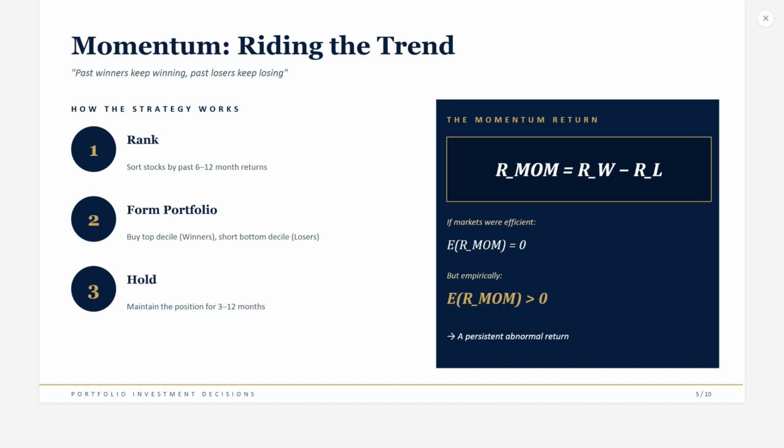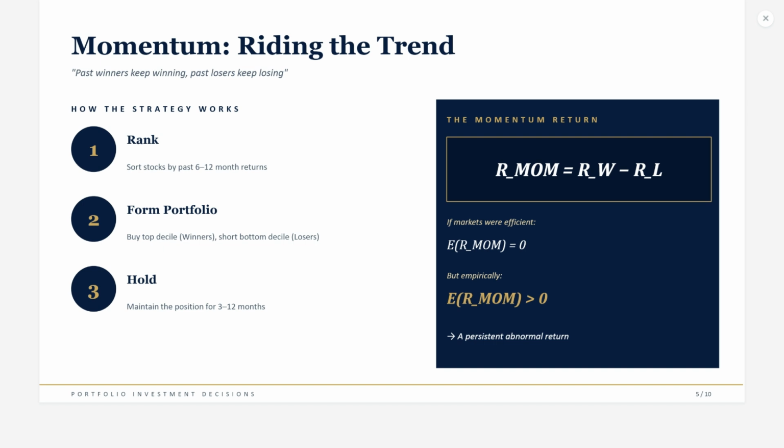Firstly, we rank the stocks by past 6 to 12-month returns. Then we form a portfolio, and in the third phase, we hold and maintain the position for 3 to 12 months. You can see the equations here.